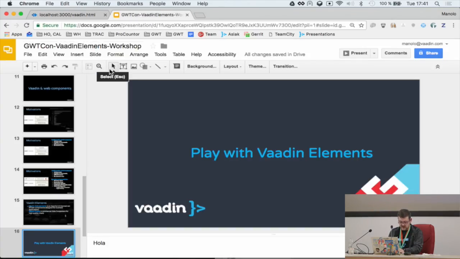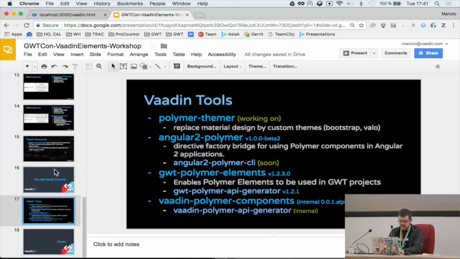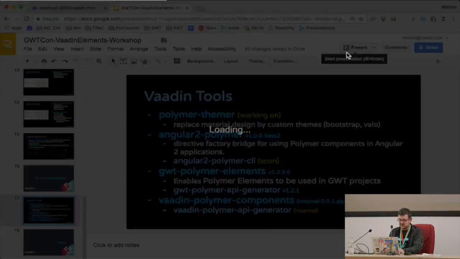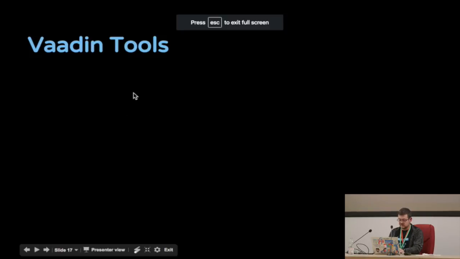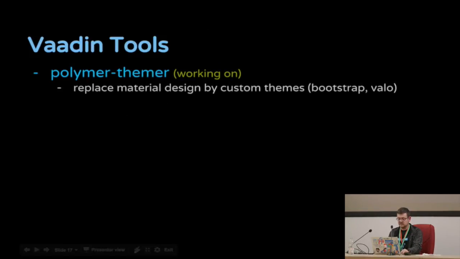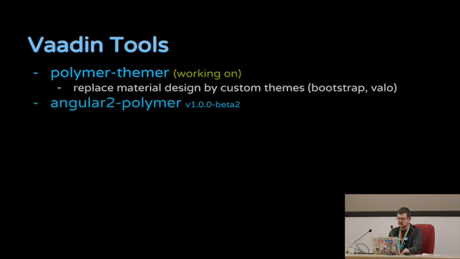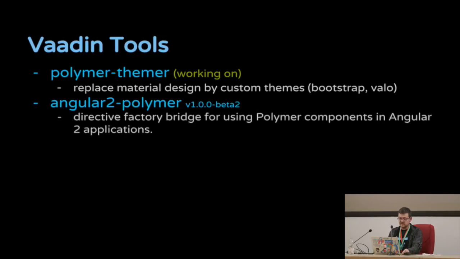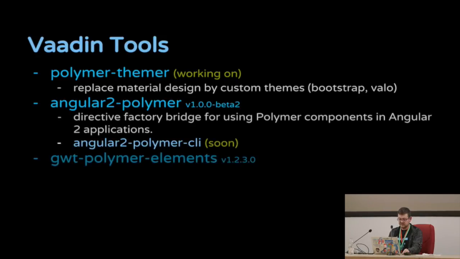Okay, so this is everything I had. In my presentation, there are a couple of slides. One says that Vaadin is working on tooling. We have Polymer Themer, so we can replace material design with other themes. Also, we have an Angular to Polymer bridge.